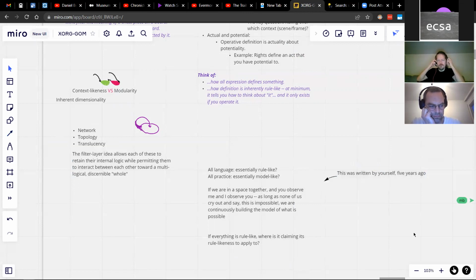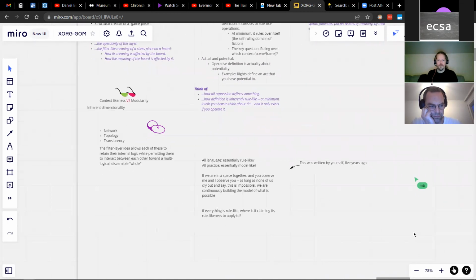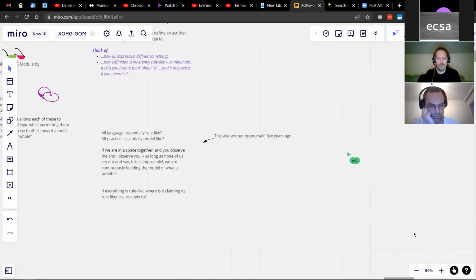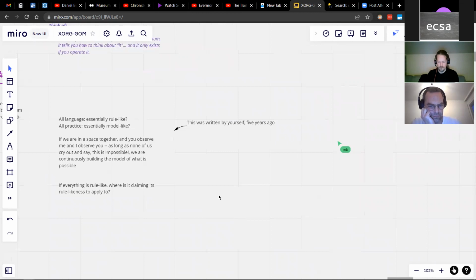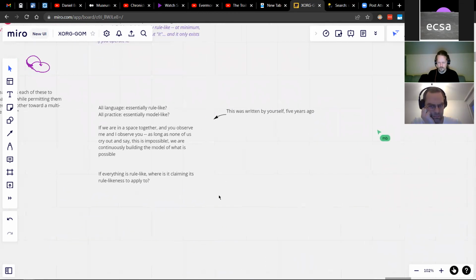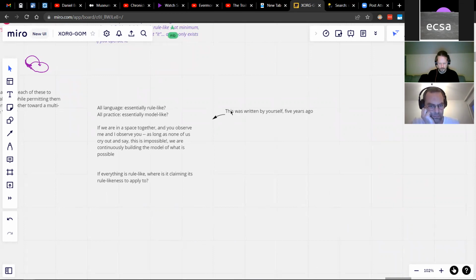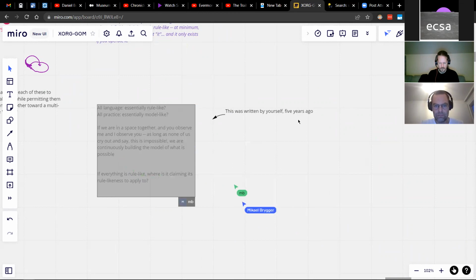So if you see, there is this Martin's good and serious text in itself, and I'm now playing with it by writing next to it. It's like a normal text, but now it behaves like a game rule. It reads, this text here was written by yourself 5 years ago.